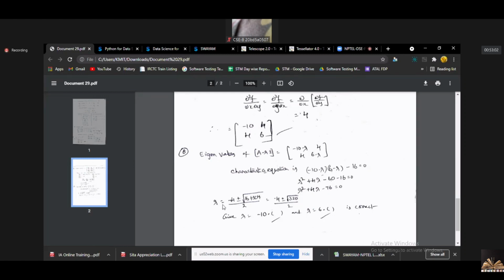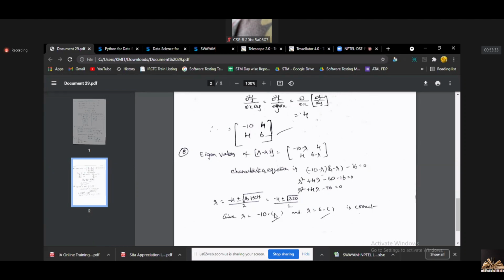Lambda equals minus b plus or minus root of b square, where b is 4, so b square is 16, minus 4ac, that is minus 4 into 1 into minus 76, divided by 2a, that is 2 into 1.